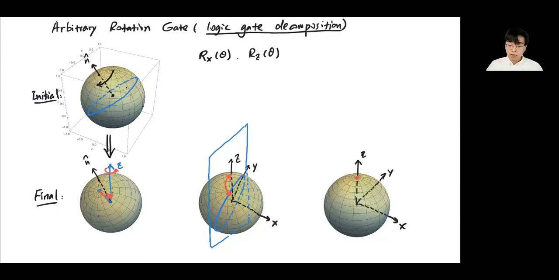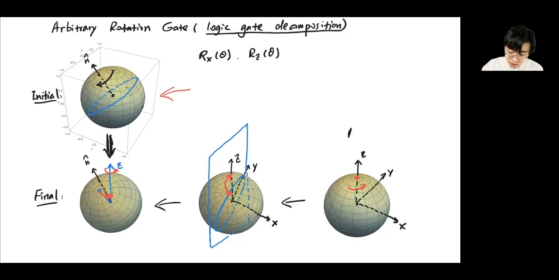Great, so now we have brought the north pole back to the z-axis, its original position. All that's left to do is to rotate the Bloch sphere around the z-axis so that all the points are aligned with our initial position over here. As a result, we have decomposed this transformation from the initial to final position with 3 steps by reversing what we have done.